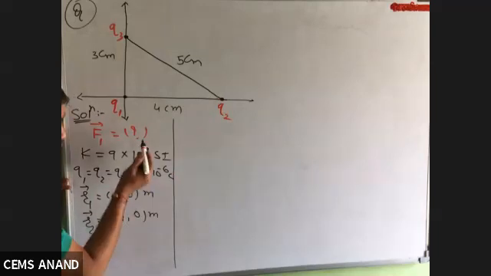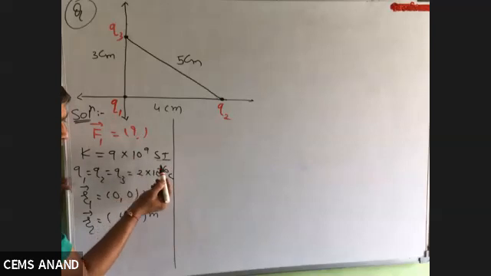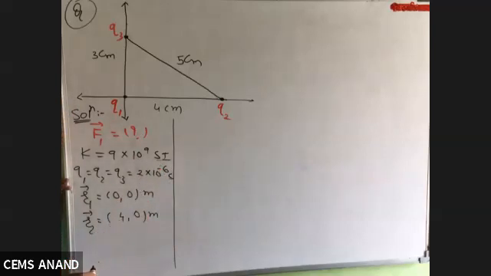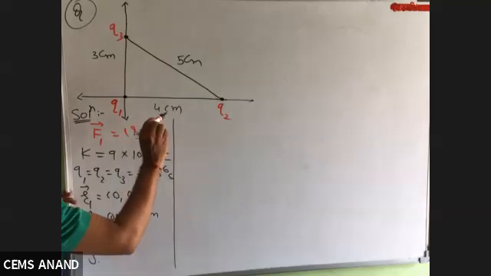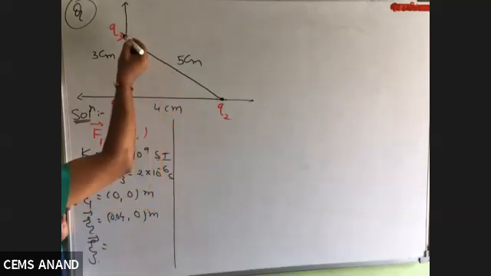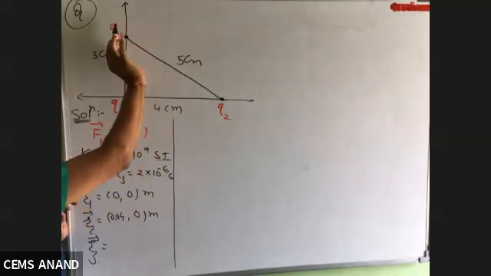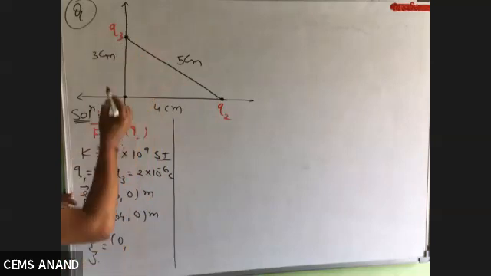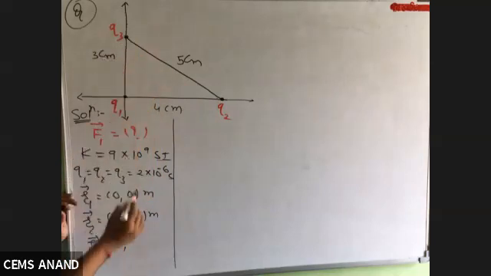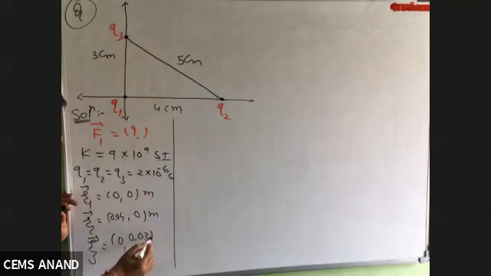But according to our previous discussion, we have to convert all the quantities in SI, in a similar unit system. So 4 centimeter divided by 100 meter, that is 0.04. Similarly for the third charge, R3. Where is R3? It's here. How far is it and in which direction? It is 3 centimeter away in Y and 0 in X. So it is 0, 3 divided by 100 to convert it in meter. So it's 0.03 meter. Now we are ready with all the data.